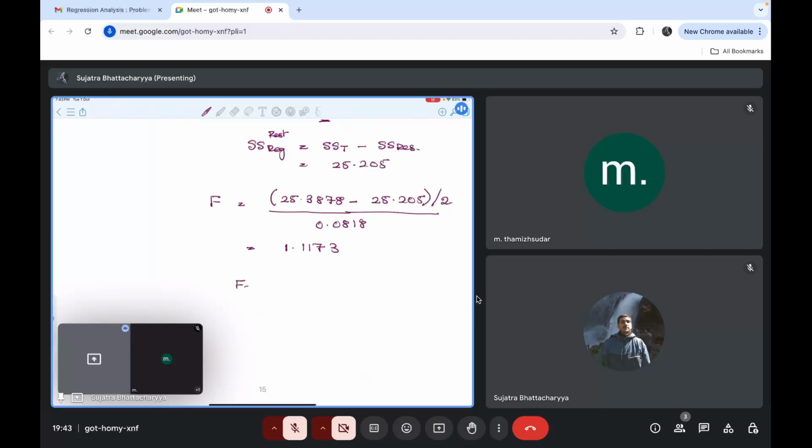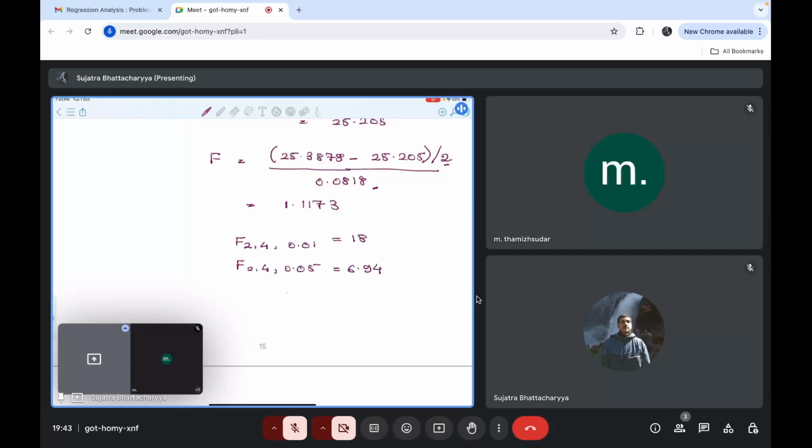Now, if you look at F with 2 and 4 degrees of freedom, at the 0.01 level it is 18. At 0.05 it is 6.94. So at all the significance levels, you can clearly see that the F we have calculated is much less than these F values at the 0.01 or 0.05 level.